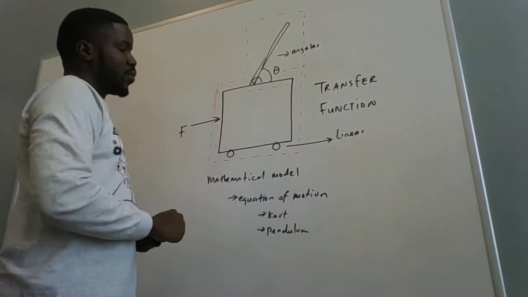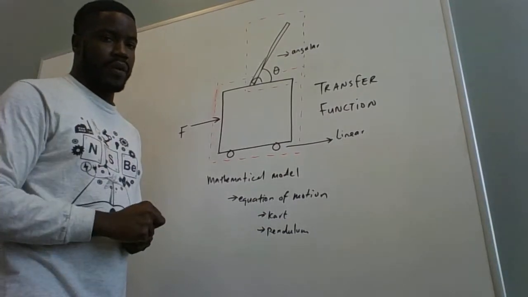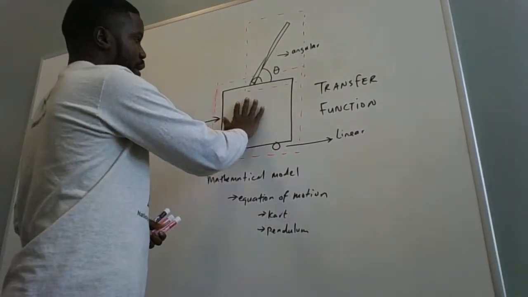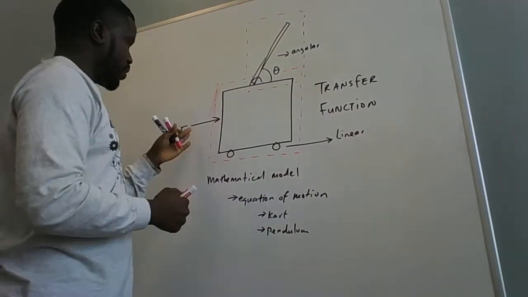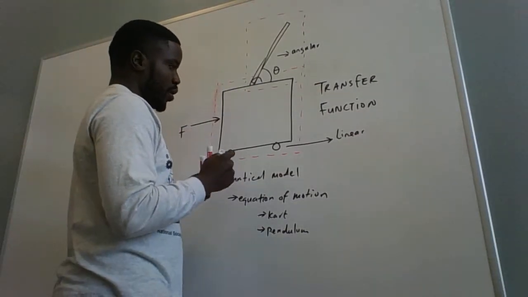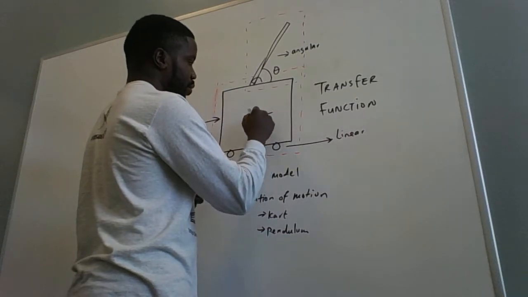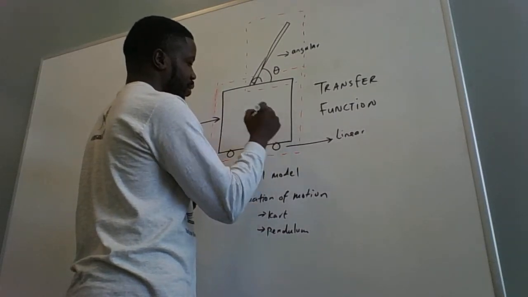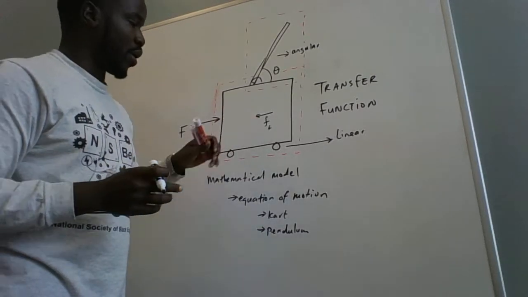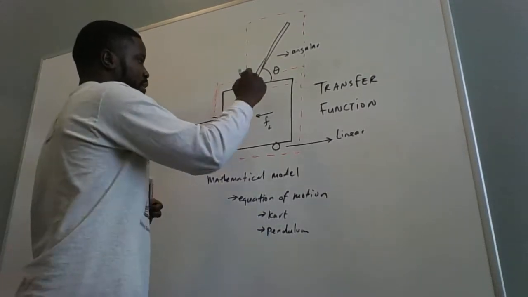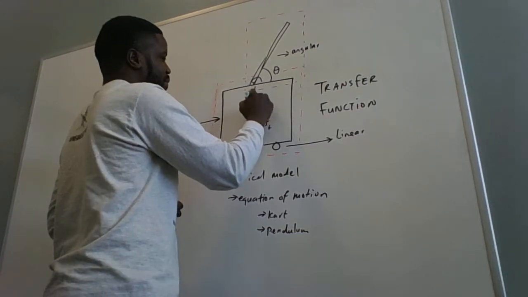Before we can get to that, we need to first establish a free body diagram of both the cart and the pendulum. It's safe to say in physics, we know that this force has to be opposed by some friction factor. And we also have to account for the mass of the cart itself, and that is also acting down.